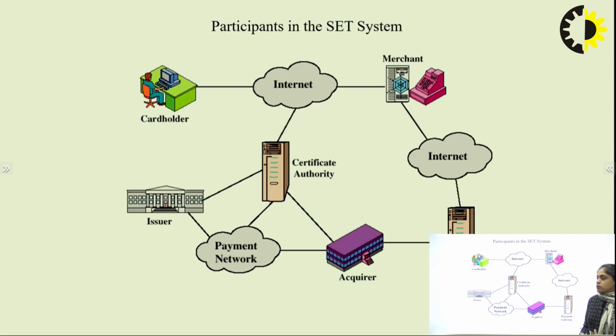This is a diagram which shows whoever can be part of this SET system. First one is the card holder, the person who has the card and, by using that card, performs the transaction electronically. Through the internet, the card holder accesses the merchant.